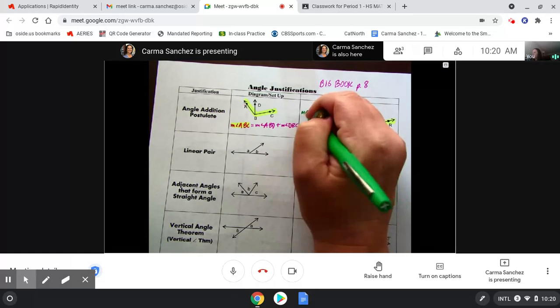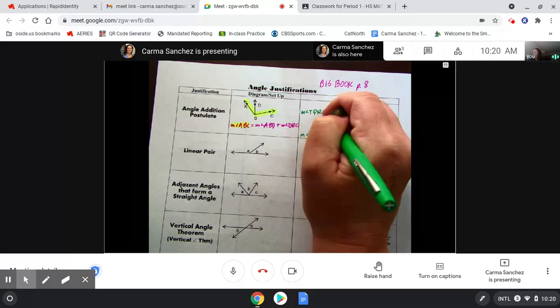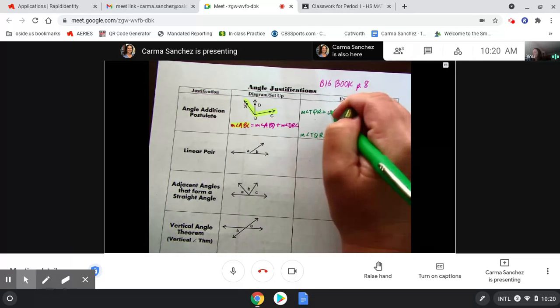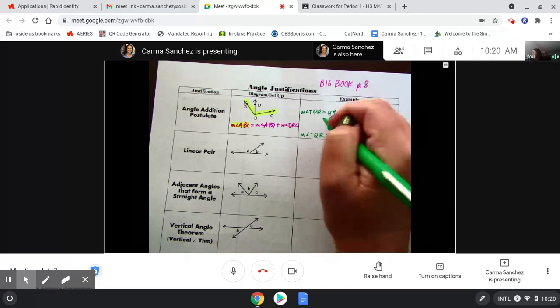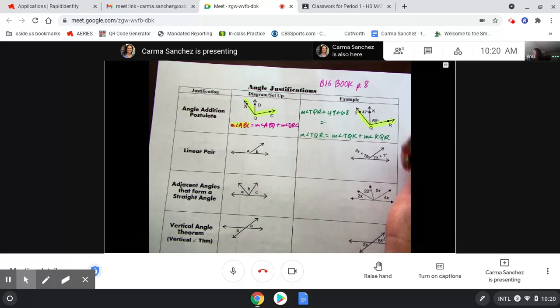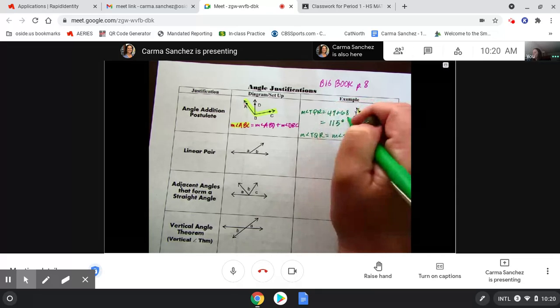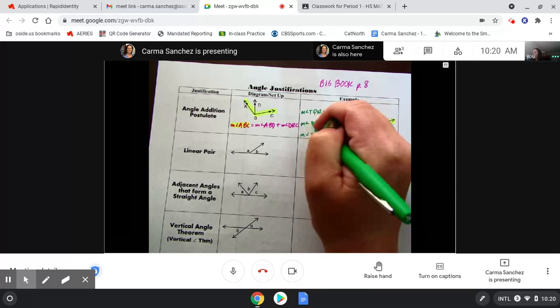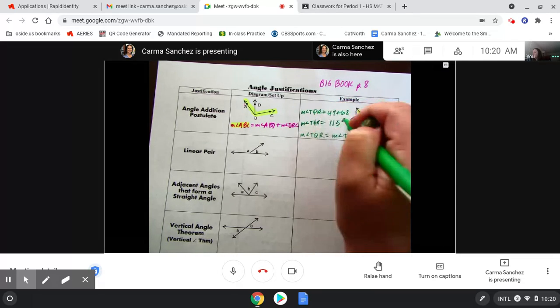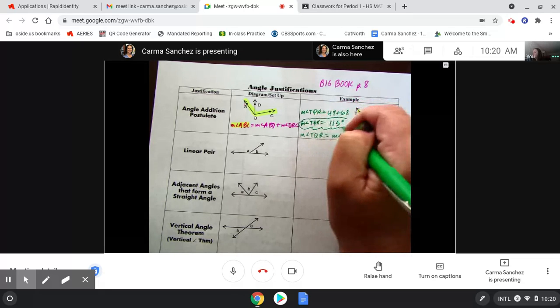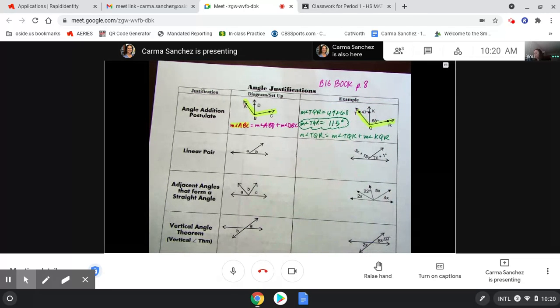The measure of angle TQR is equal to 47 plus 68. Grab your calculators, add that together, and hopefully you get 115 degrees. How'd you do?